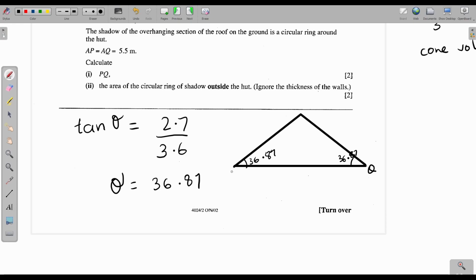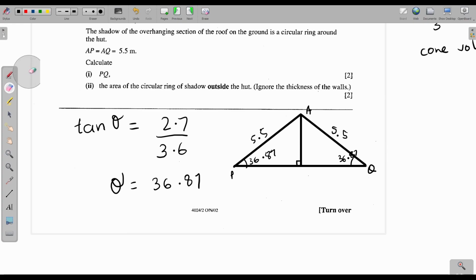This is Q, this is P, this is A, and we know the slant heights are 5.5, as we've been told, and we basically want to find the height of the middle. So we have the hypotenuse, and we want to find the opposite. Let's look at SOHCAHTOA. TOA. We don't have the adjacent, so the only one we can use is sine.